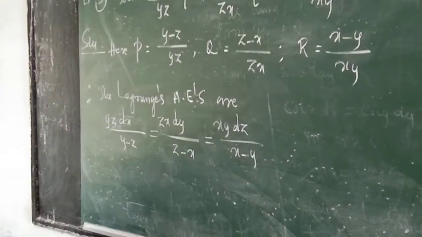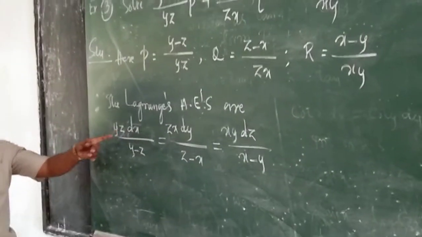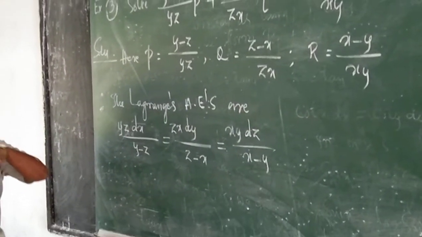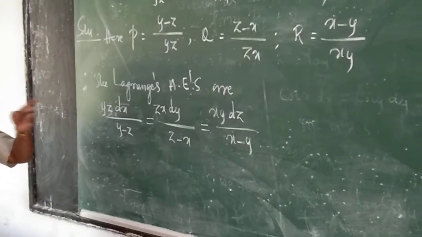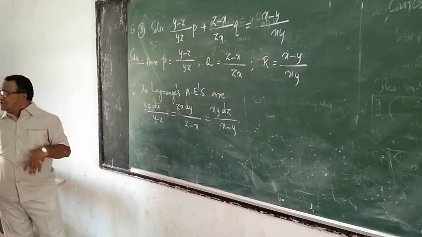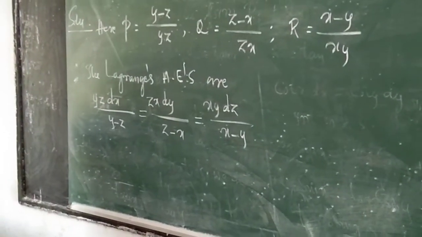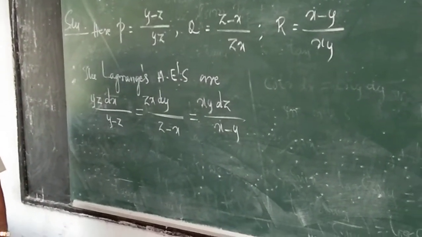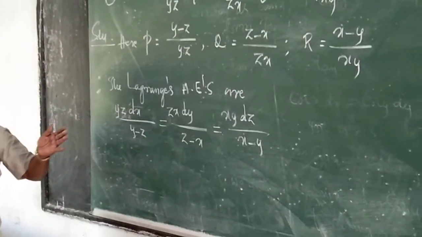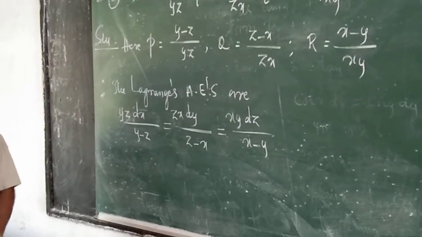Now you observe here, we cannot solve these auxiliary equations by the first method, that is by grouping of terms. So we have to go for the next method, that is choosing the multipliers.